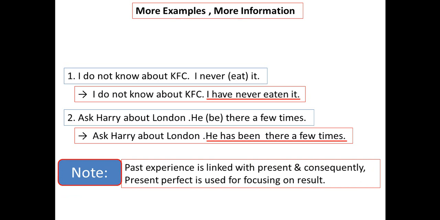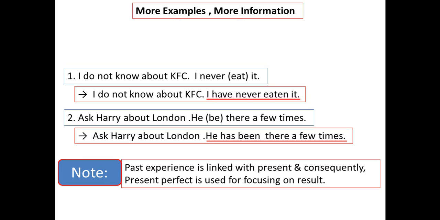If you look at the sentence in number 2, it makes it clear that Harry is outside London, but the speaker needs some information about London, so he asks somebody to get some information from Harry, and when he says that he has been there a few times, he means that Harry was there, so he knows the information.